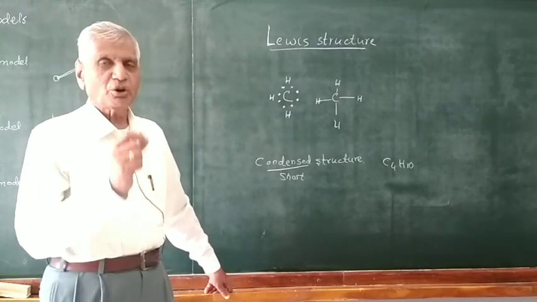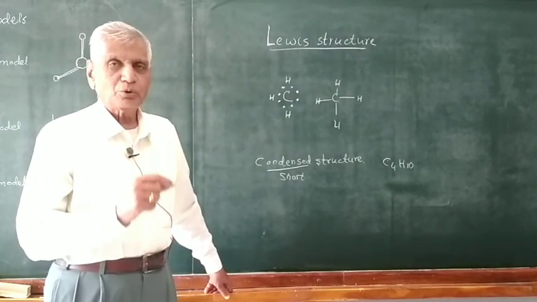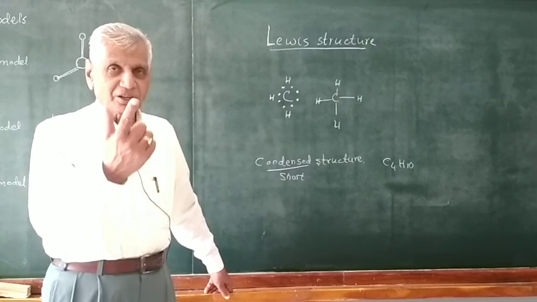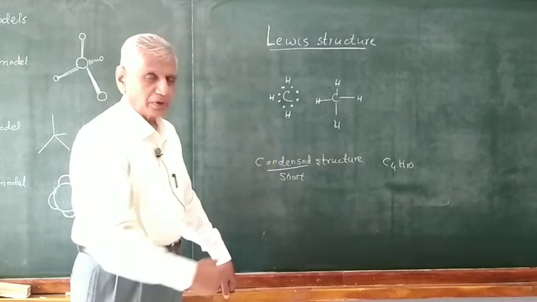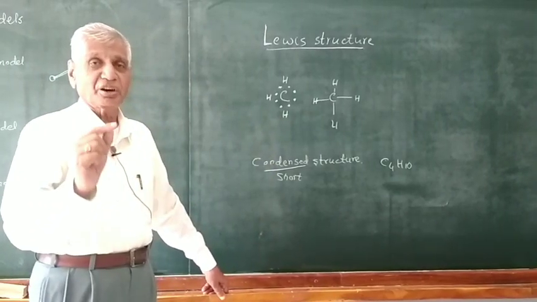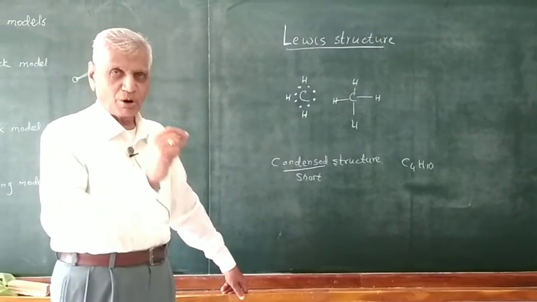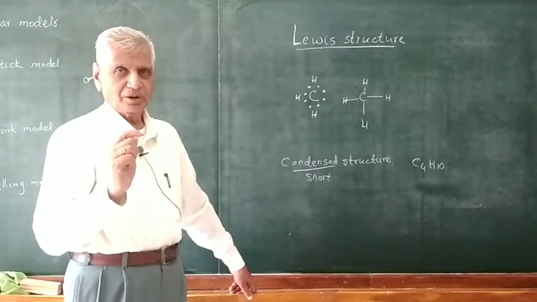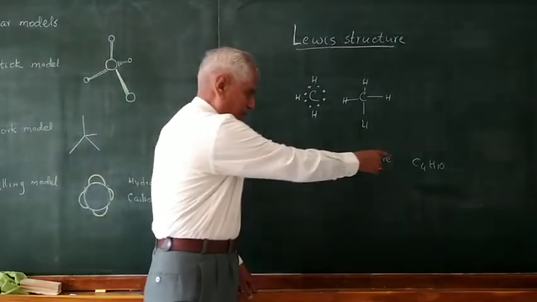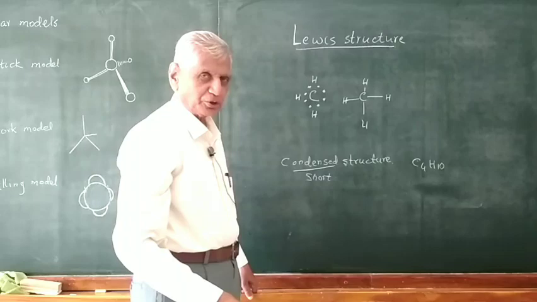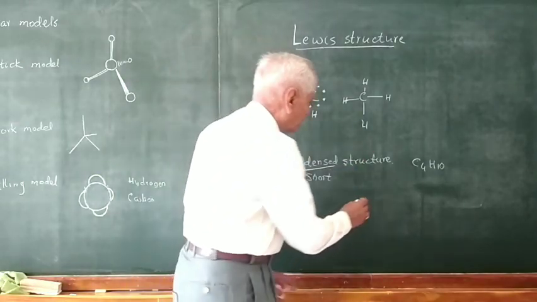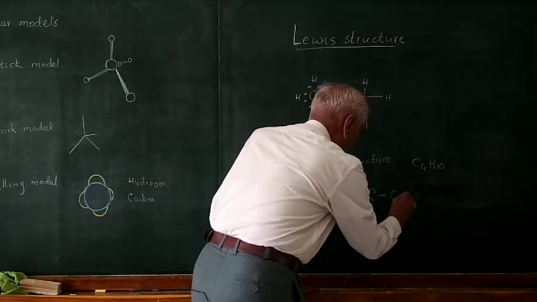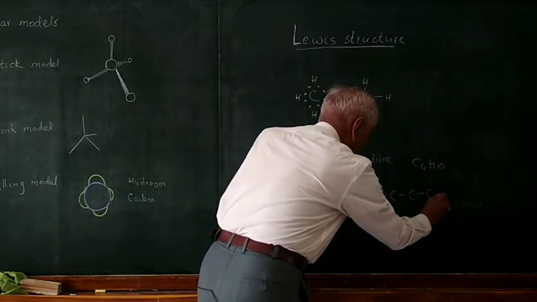When you are writing in the short form, you have to omit certain things. You have to omit the bonds. Bonds are not written. Understand? Bonds are not written. Therefore, the full structure or the Lewis structure of this compound, as I told yesterday, is carbon 1, 2, 3, 4.